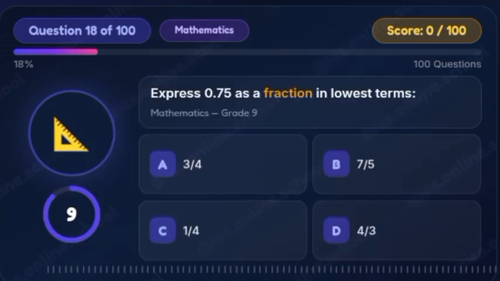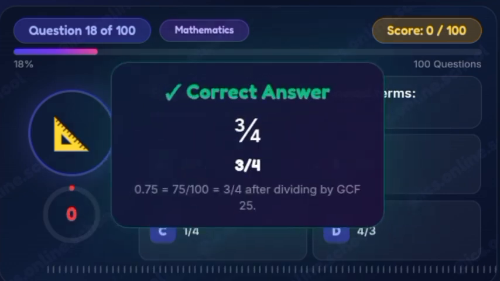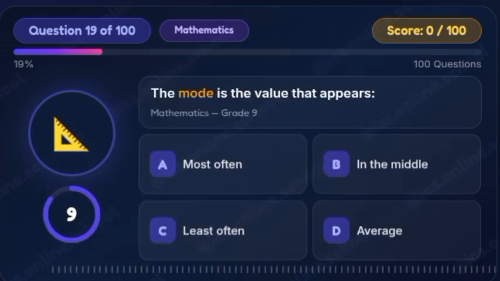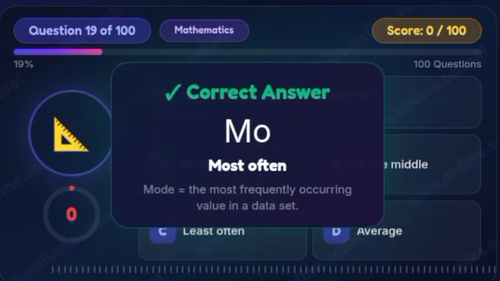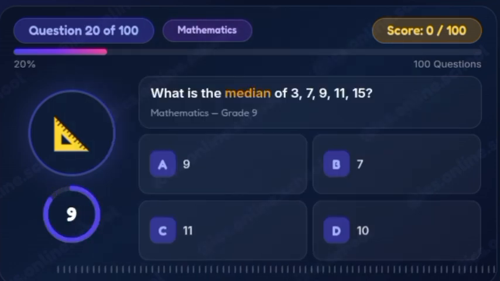Express 0.75 as a fraction in the lowest term. Three over 4. What is the mode? The value that appears most often. What is the median of 3, 7, 9, 11, 15?